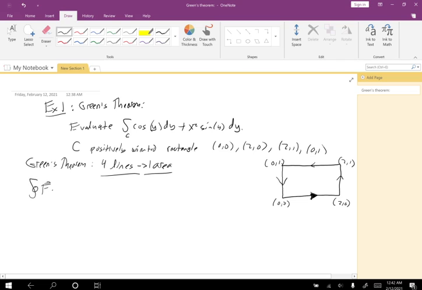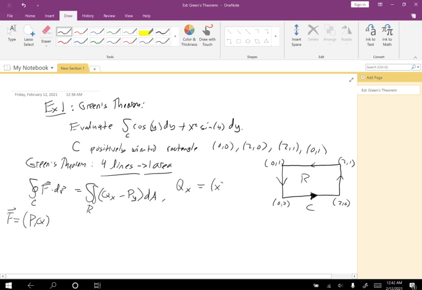It says that F dot dr, the line integral, is equal to an area integral over our region R of Qx minus Py, where of course P and Q are just the components of our vector field. So let's compute Qx.